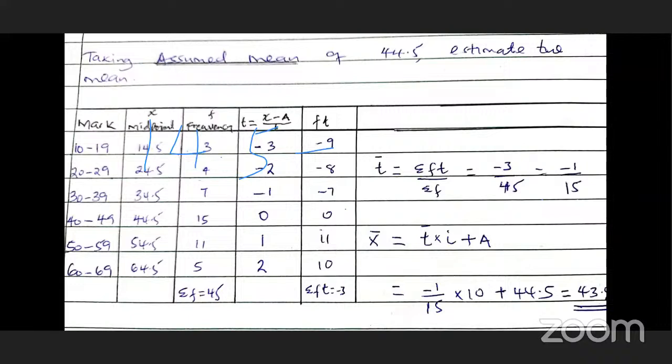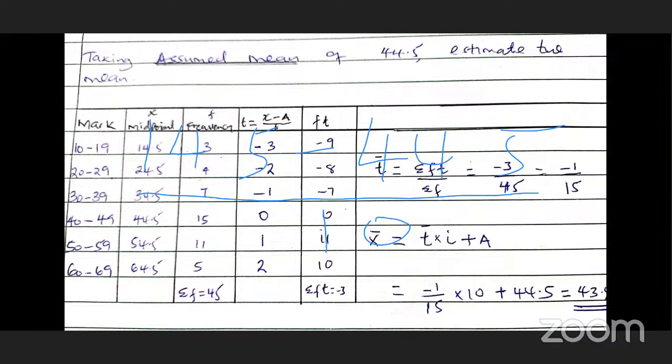Assumed mean we had been given. It was 44.5. So we minus 44.5. Then we divide that by the class weight. What is the class weight for the first class? 10. So we divide it by 10.